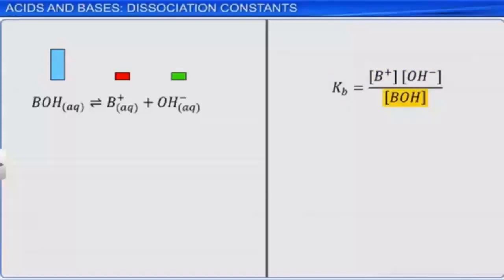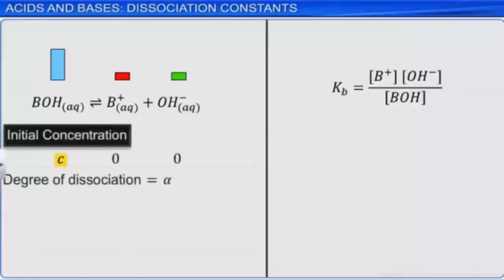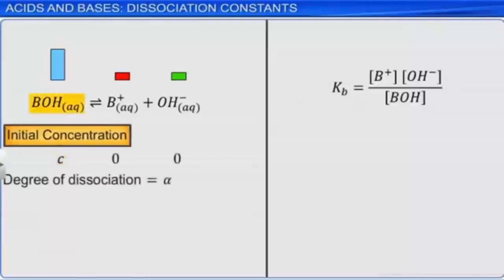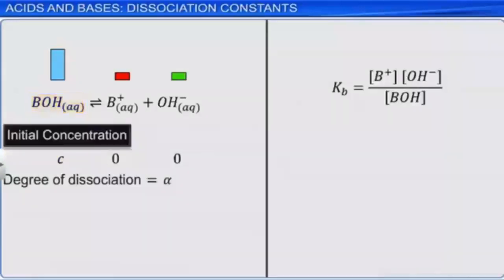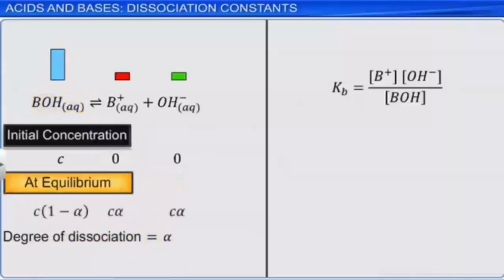The degree of ionization for a weak base can also be derived in the same way as weak acids. Let C moles per liter be the initial concentration of weak base BOH, and let alpha be its degree of dissociation. At equilibrium, the number of moles of the reactants will be 1 minus alpha and of the products C alpha each.